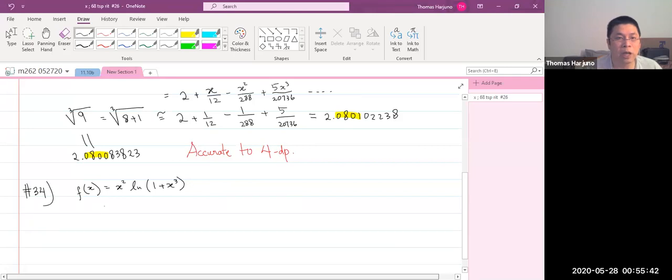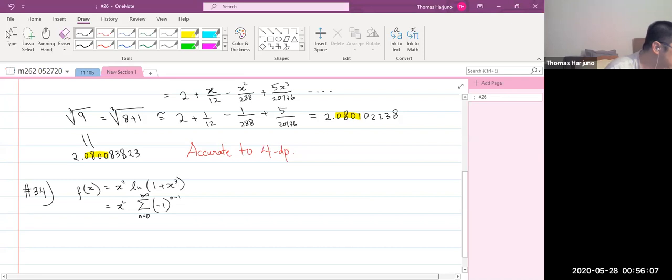Now, the x squared is easy, just leave it there. Now, how about the expansion of natural log of 1 plus x? That's the series from n equals 0 to infinity, -1 to the power of n minus 1, and then x cubed to the n over n.